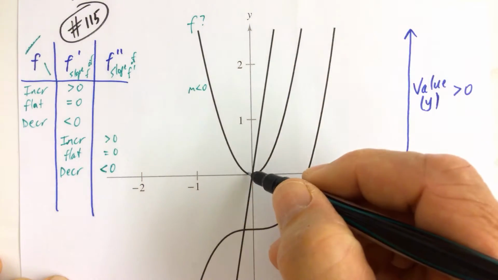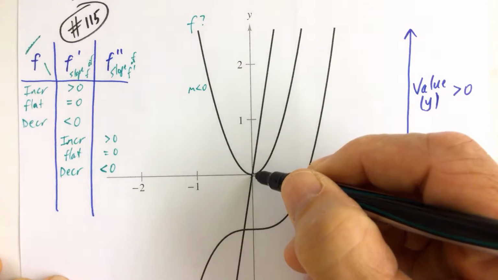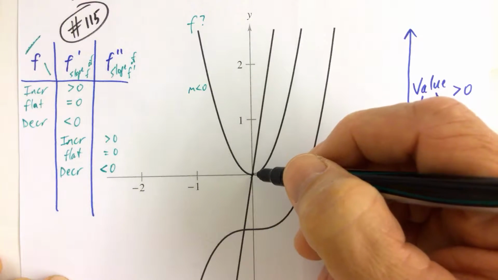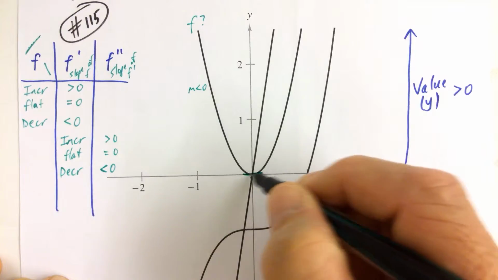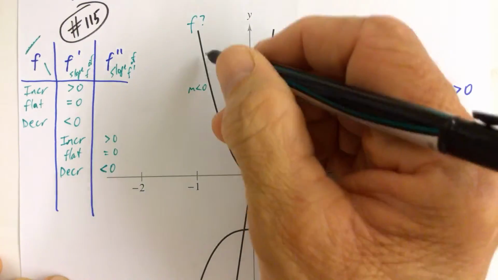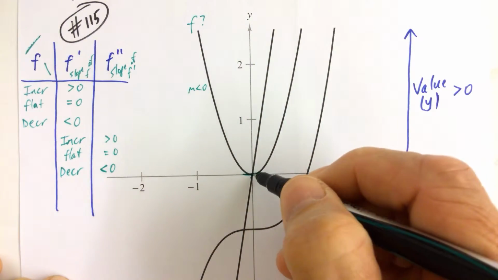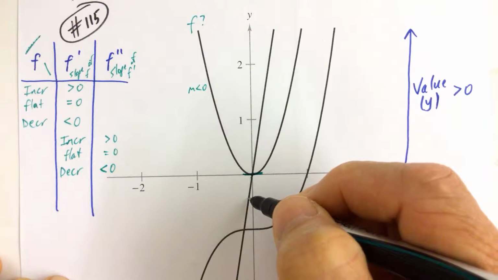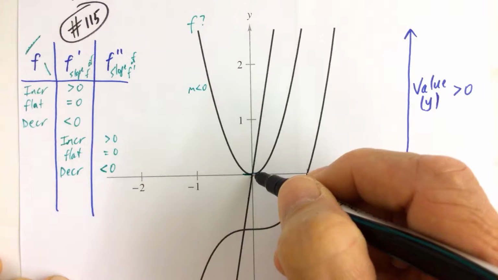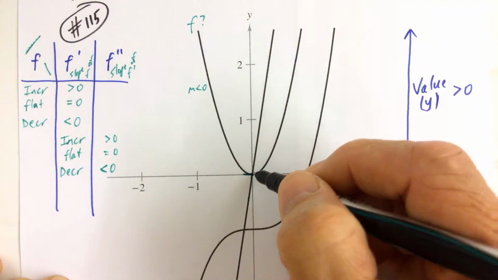The derivative here is negative, this value is negative, so this might be the derivative graph. And then what do we do here? When we see this flat spot on the curve that we're thinking might be f, that would have to coincide with the value of the derivative being equal to 0. Well, the straight line also meets that criteria.